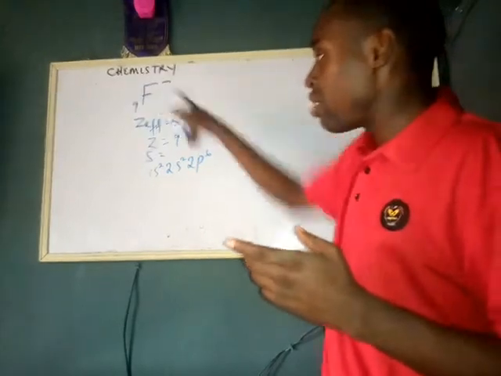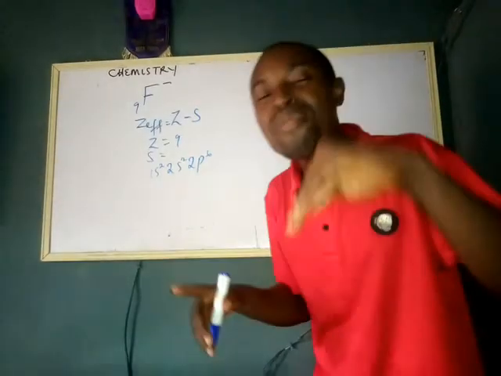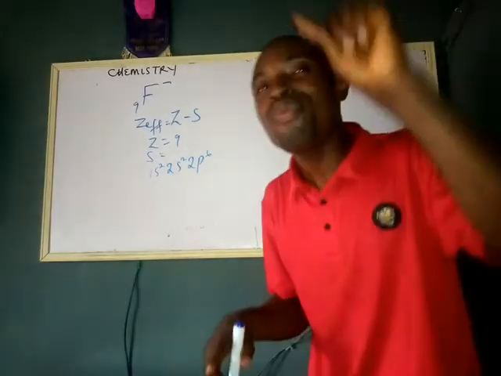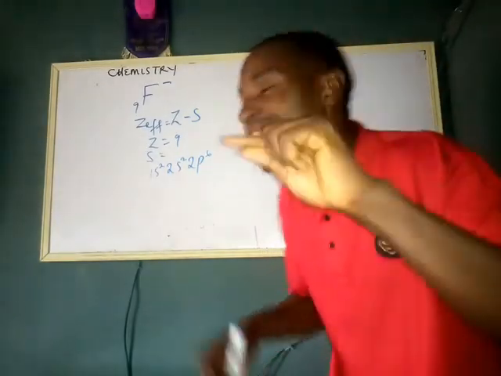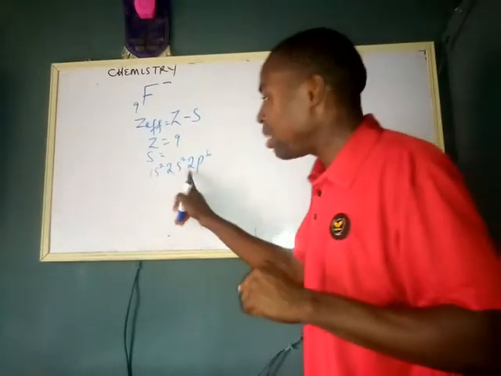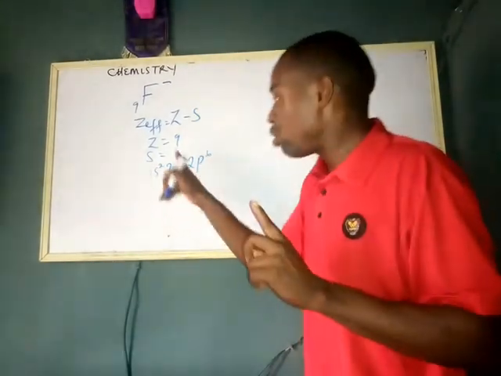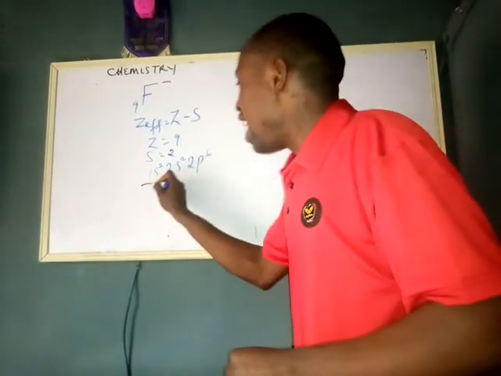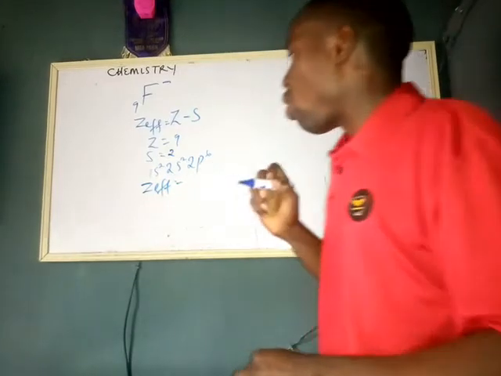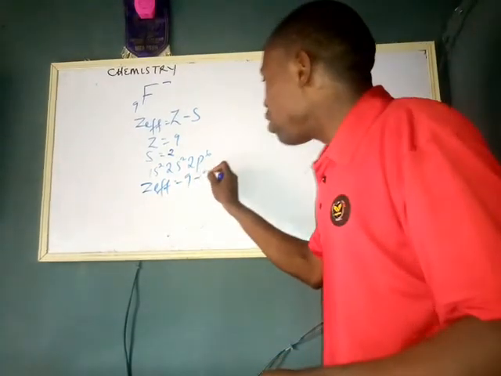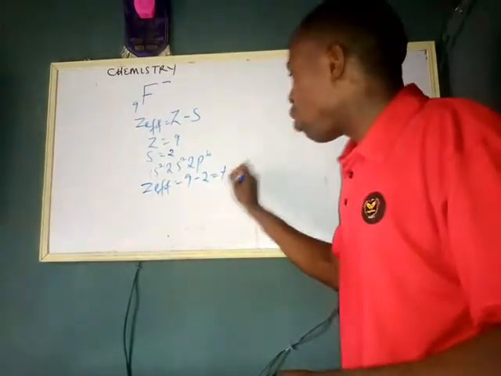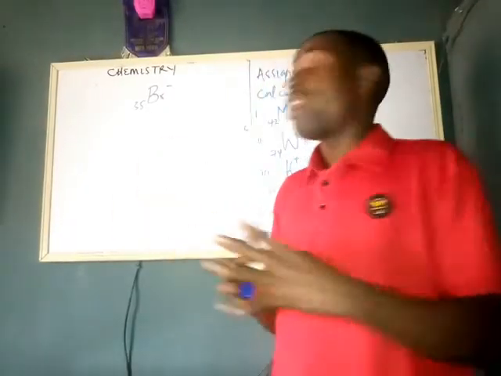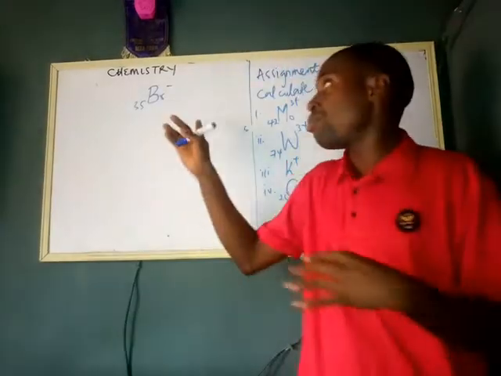That's why fluoride ion here is 1s2, 2s2, 2p6, having the configuration of neon. And neon's valence electrons are 8, 2 plus 6, because these two have the same energy level. So the core electrons here are 2. So Zeff is equal to 9 minus 2, equal to plus 7.